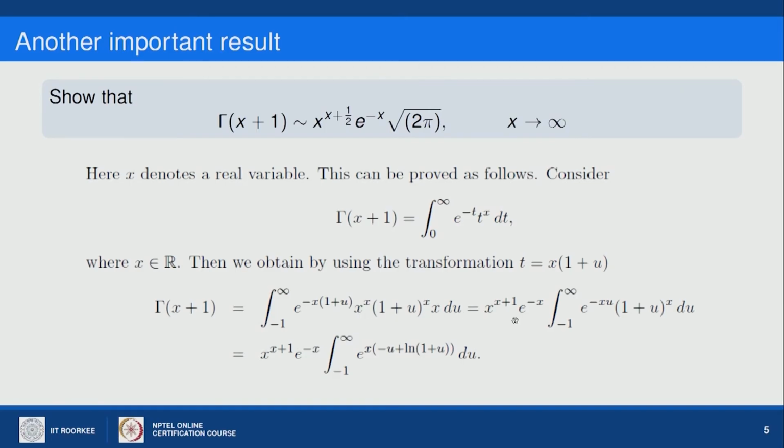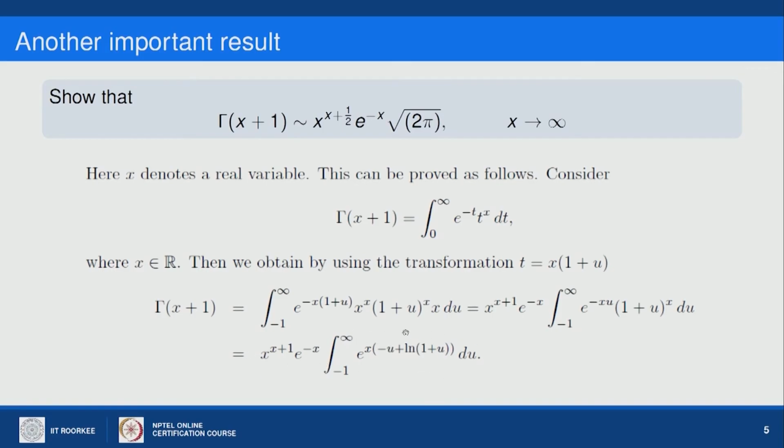So, the total will become x raised to power x plus 1, e raised to power minus x I have taken out here, and then the integral over minus 1 to infinity of e raised to power minus x u into 1 plus u raised to power x du. Or I can write 1 plus u raised to power x as e raised to power x into log of 1 plus u. So, in this way this integral can be written in this form.